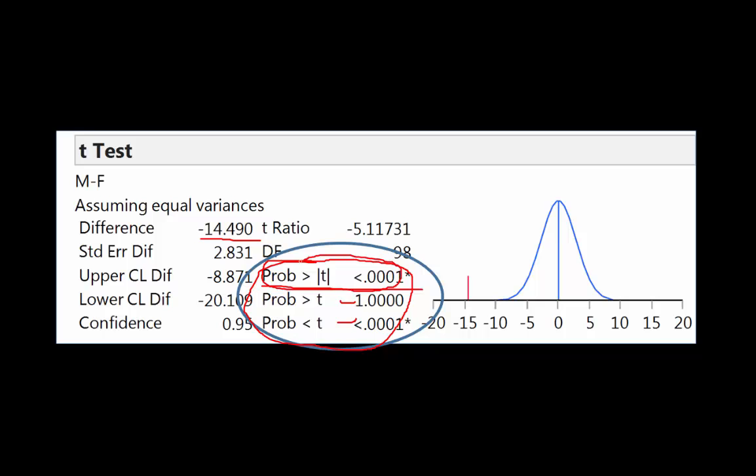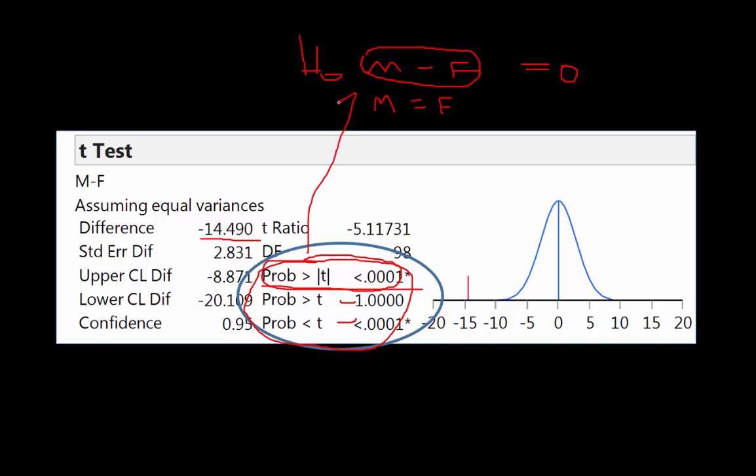If we were looking at this one, our null would be that this difference, male minus female, is equal to 0. What we're really saying is that the average time for a male is the same as the average time for a female. If we move the female to this side, we would see this difference here.